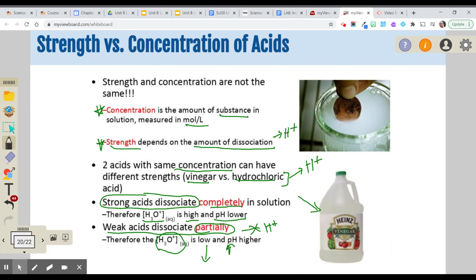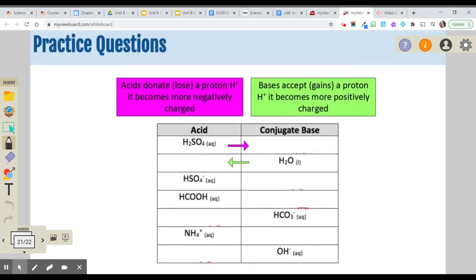We're going to be exploring pH and hydronium ions in much more detail in the next lesson, or part B of this lesson. So before we head off, we're going to take a look at conjugate acid, conjugate base pairs, remembering that acids lose a proton to become more negatively charged, and bases accept protons.